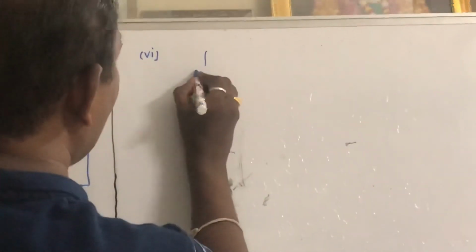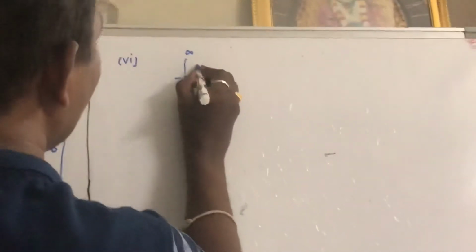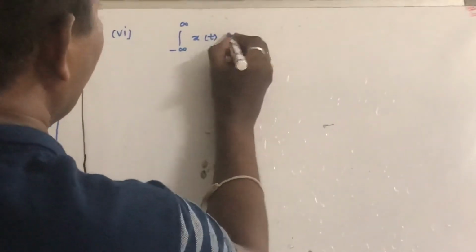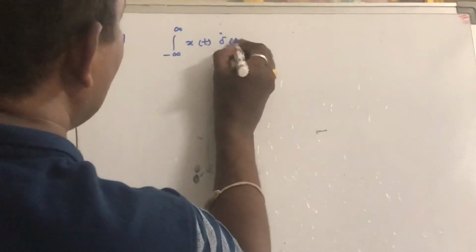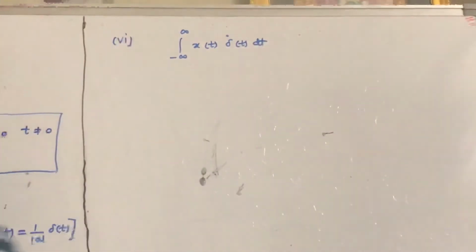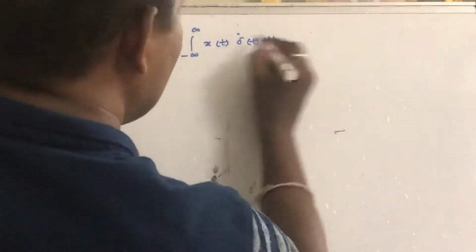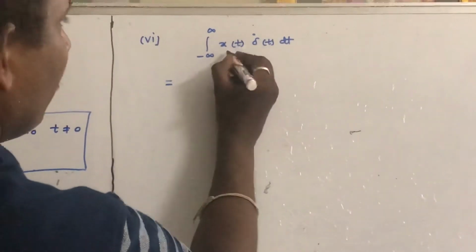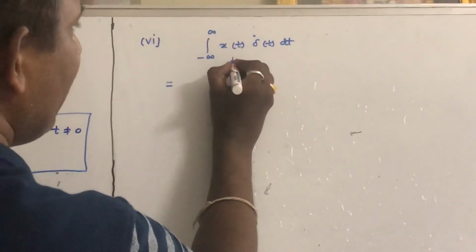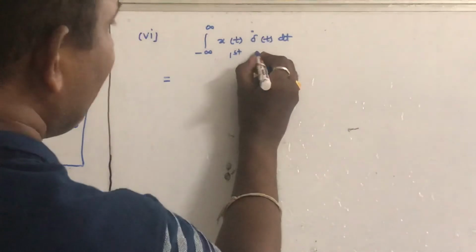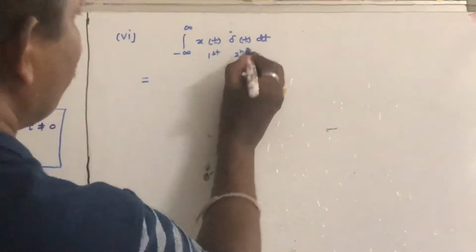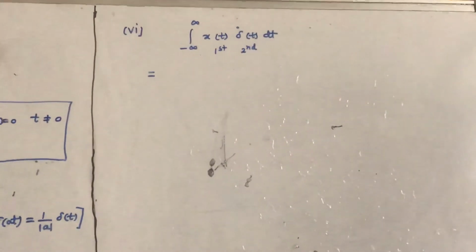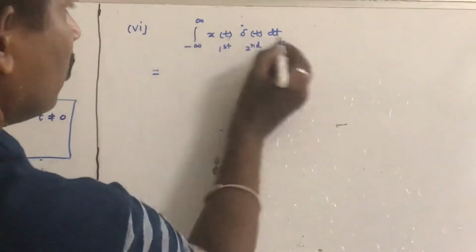For example, integral from minus infinity to infinity of x of t into del dot of t dt. Let us find out what is the value of this integral. For this purpose, first take x of t as the first function and take del dot of t as the second function, and apply the integration by parts UV rule for this problem.